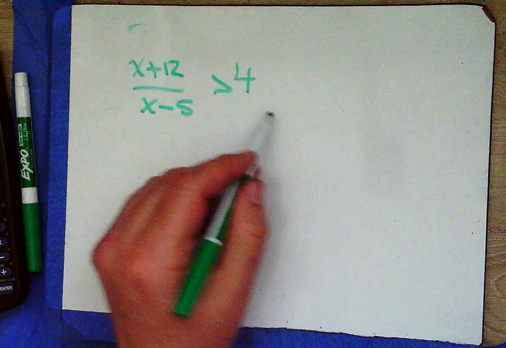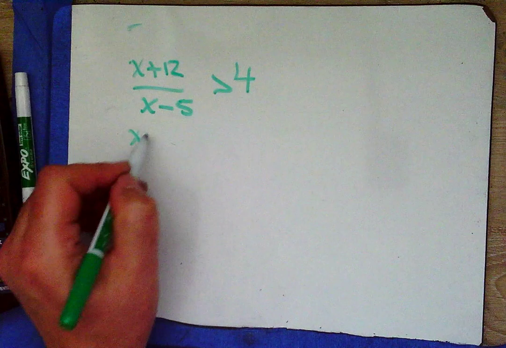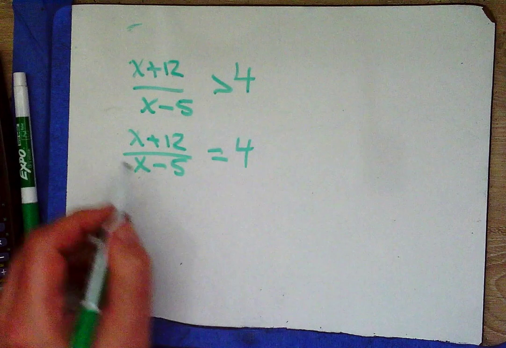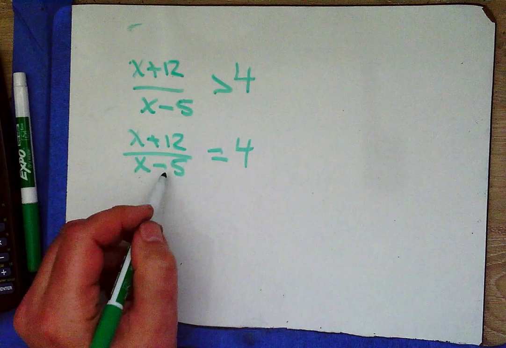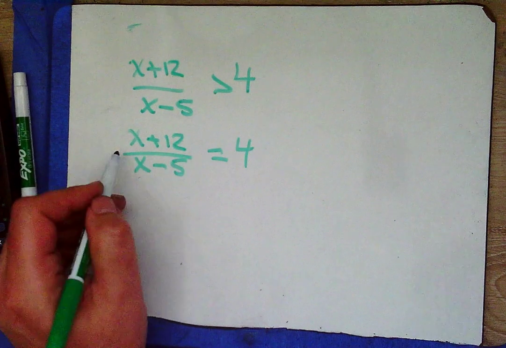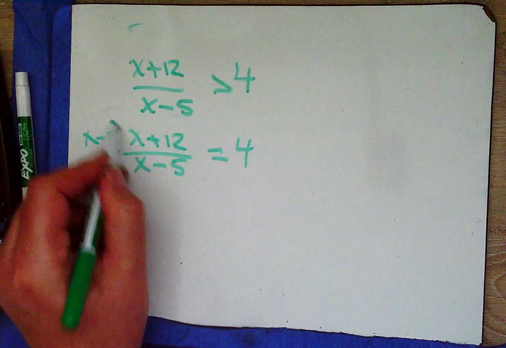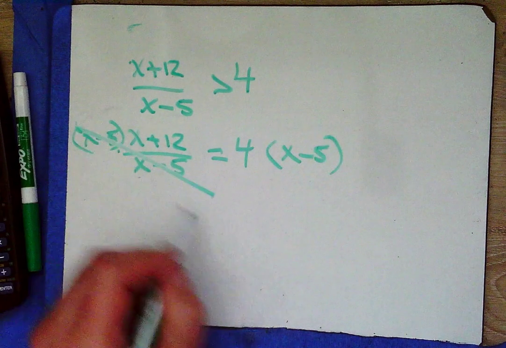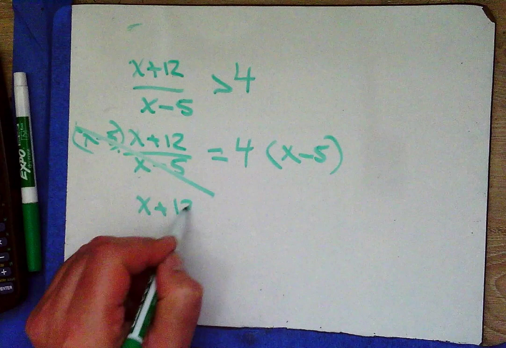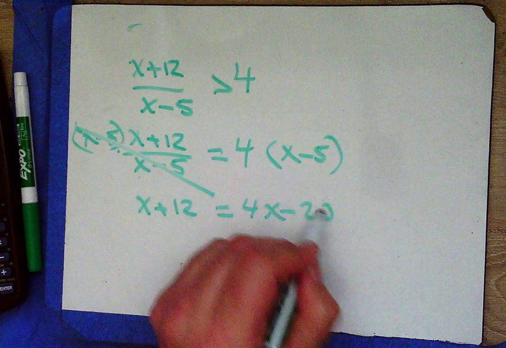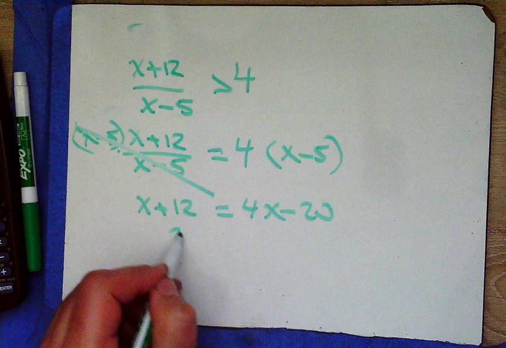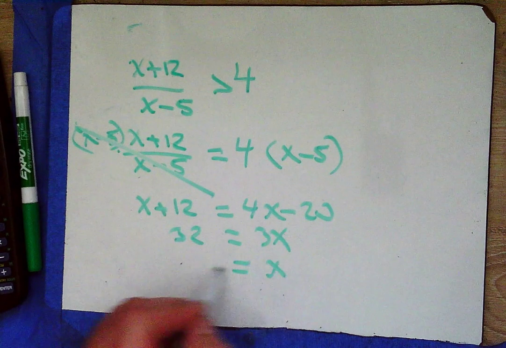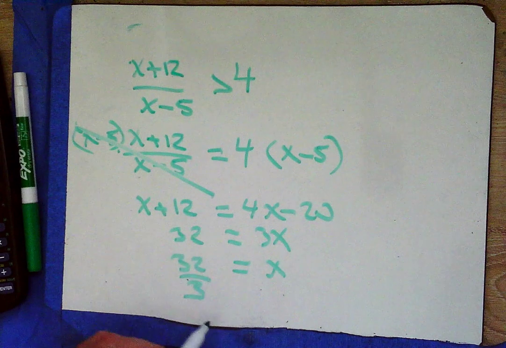So I know the first thing I'm supposed to do is change that inequality symbol to an equal sign. And then because I have an equation with a fraction, I'm going to multiply both sides by the denominator to cancel out. So now I've got x plus 12 equals 4x minus 20, or 32 equals 3x. So x equals 32 over 3.